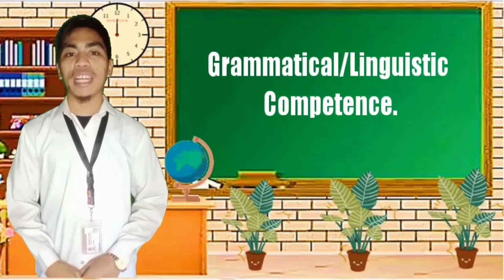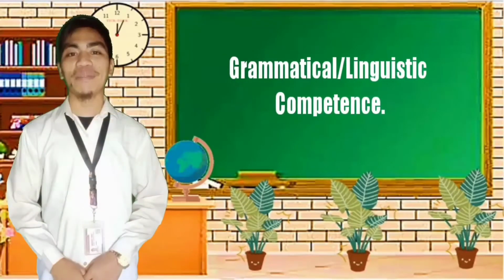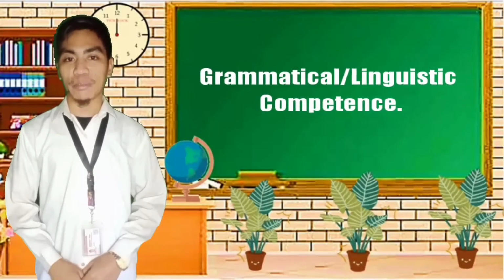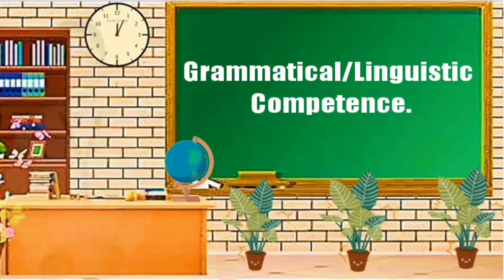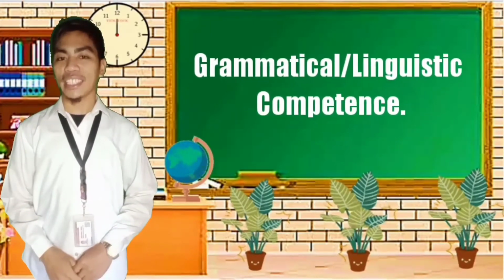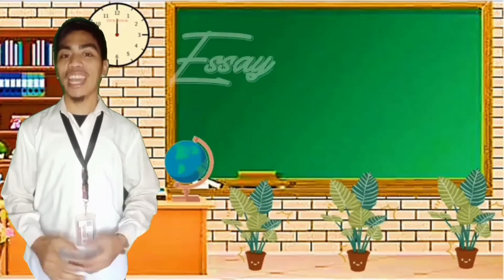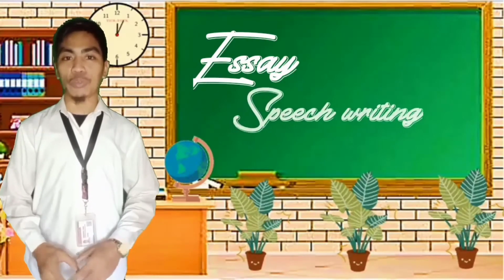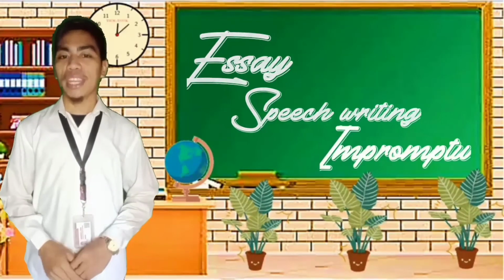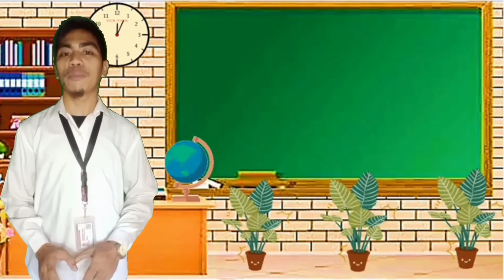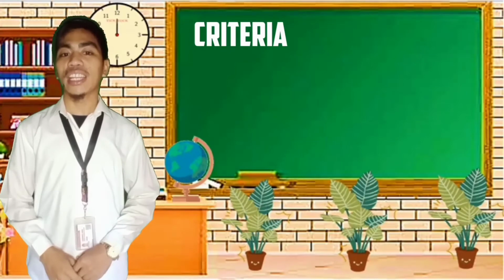In observing grammatical errors, and at the same time, to apply the competencies of grammatical or linguistic terms, one must be in trial, meaning students may take an exam or test for it. For example, in giving an essay type of exam, speech writing, impromptu, and many others. To check the essay writing of the students, we have to make a criterion to grade their work.